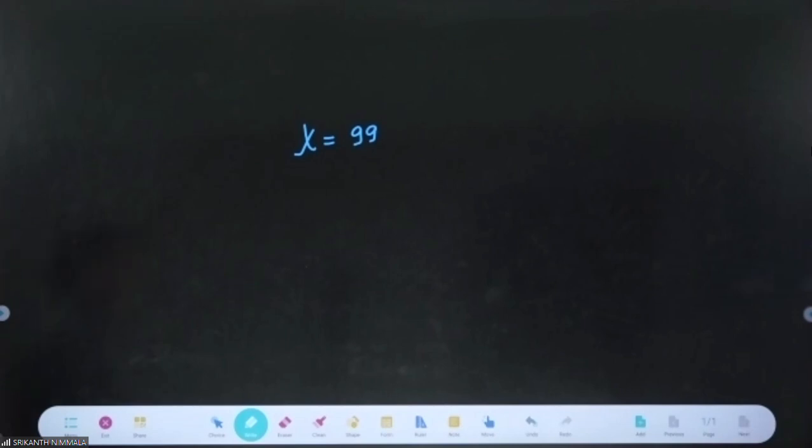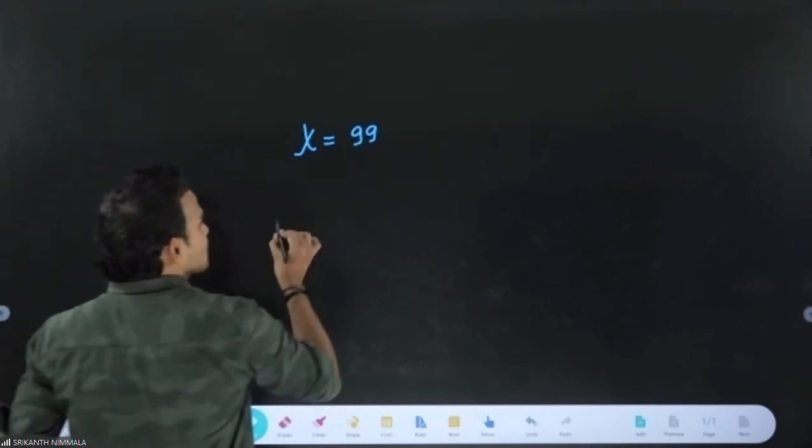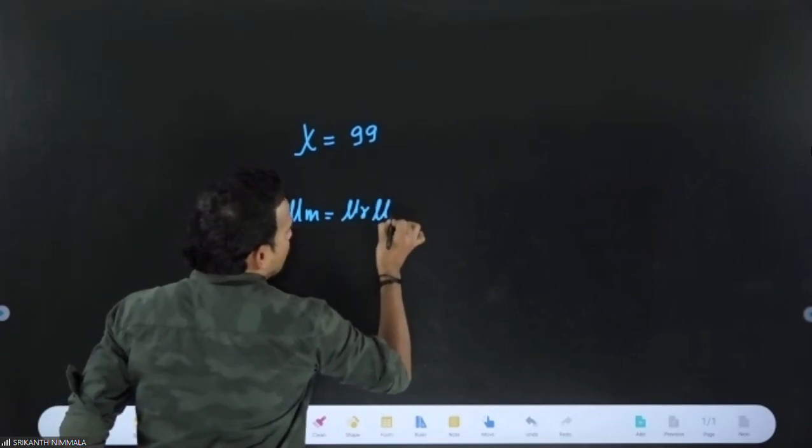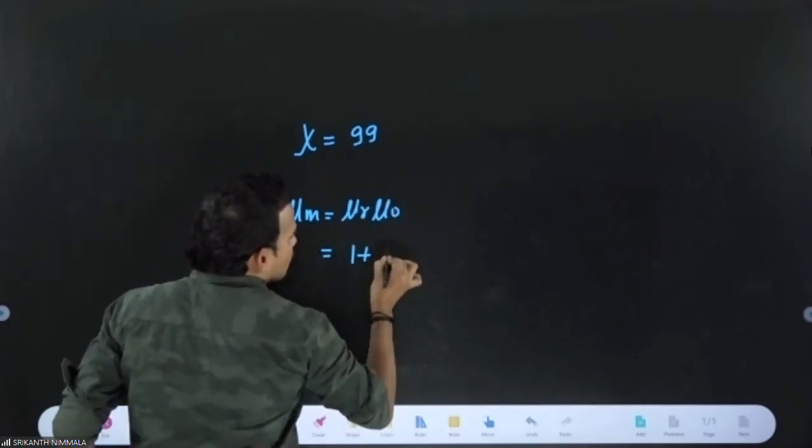Very good, Prashanti. Very good, Diksha. Put the value of mu naught also. Lazy students, all are giving the answer in terms of mu naught. Put the value. Mu of the medium is mu r into mu naught. Mu r we know is 1 plus Xi.